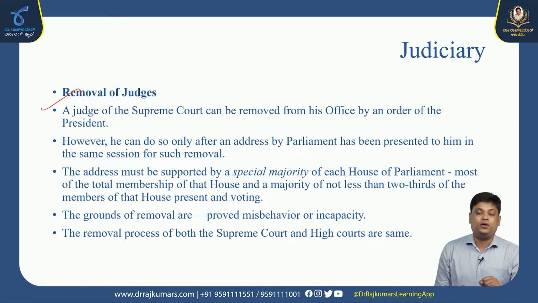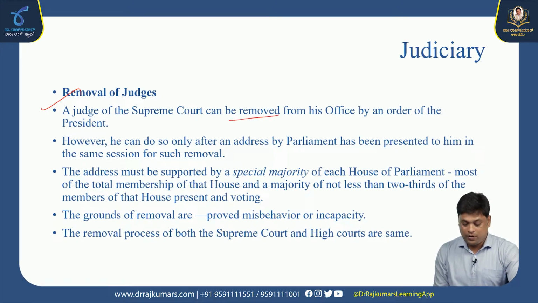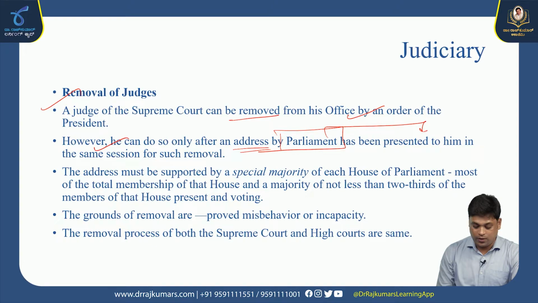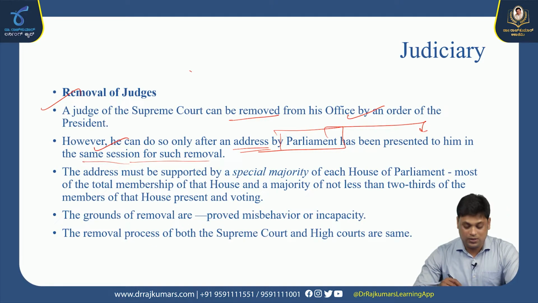A judge of the Supreme Court can be removed from his office by an order of the President. However, he can do so only after an address by the Parliament has been presented to him in the same session for such removal. So what is the President supposed to do?